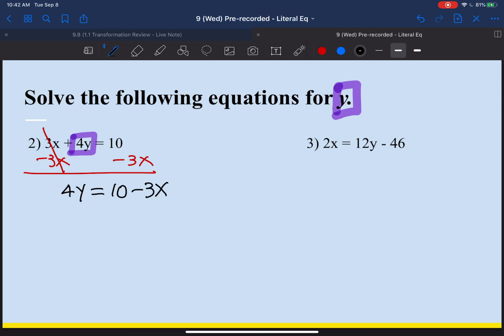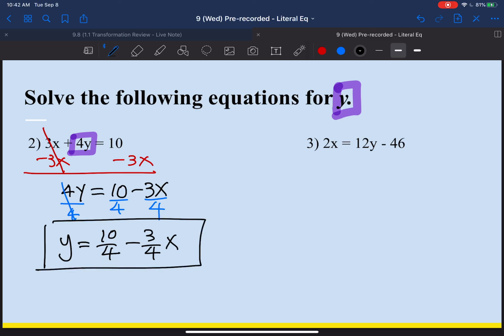You cannot combine numbers and variables. And you just have to divide everything by 4. This cancels. y equals 10 over 4 minus 3 over 4 x. That's it. I solved for y. If you want to simplify further, it's the same thing as this. I simplify 10 over 4 into 5 over 2 by dividing by 2.